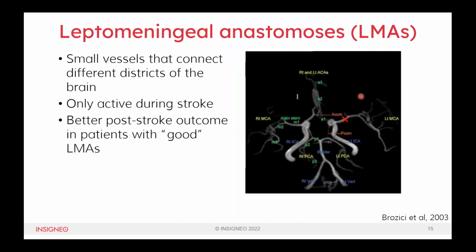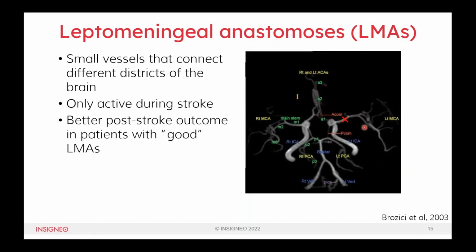So the leptomeningeal anastomosis are very small vessels which connect the anterior part of the brain, this one, or the posterior part of the brain, which is this one, with the middle one, which is this one. And this connection is bilateral, so the blood can flow either from ear to ear or in the other direction.